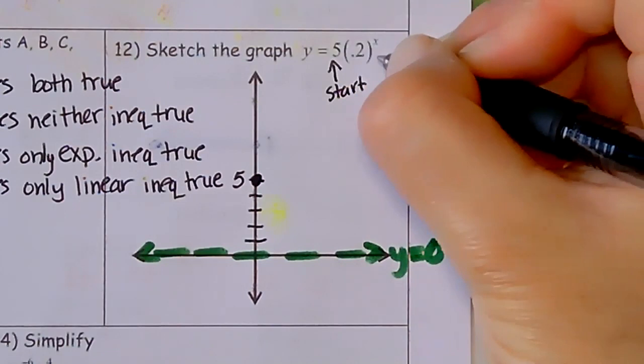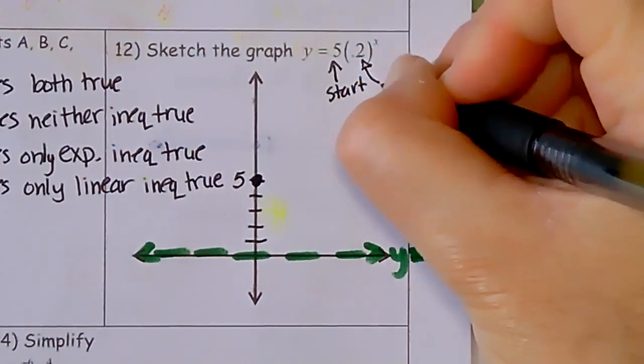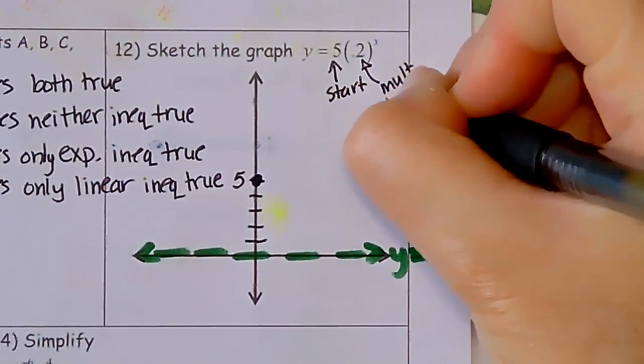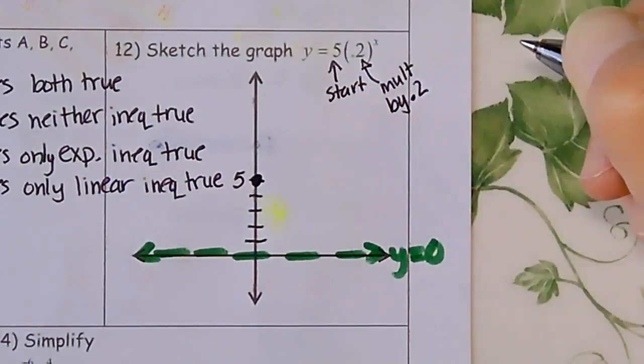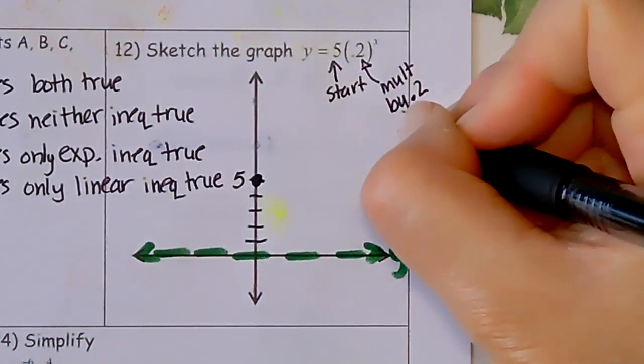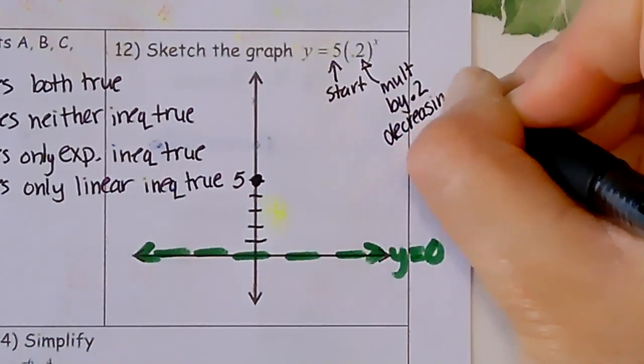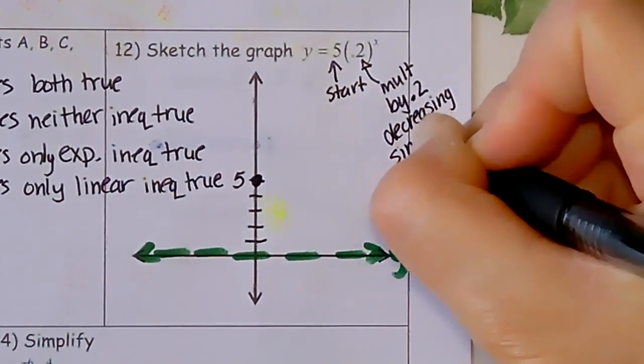So now I need to look at this. This 0.2, it's our multiplier. Okay, we're multiplying by 0.2. So if you're multiplying by something smaller than 1, it's going to be decreasing. So this is going to be decreasing since less than 1.